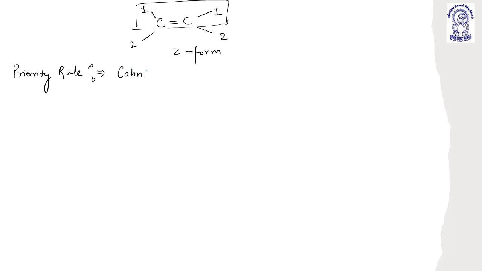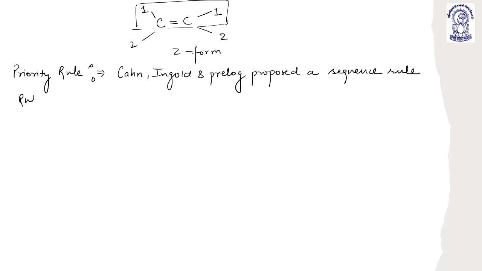Cahn, Ingold and Prelog proposed a sequence rule.